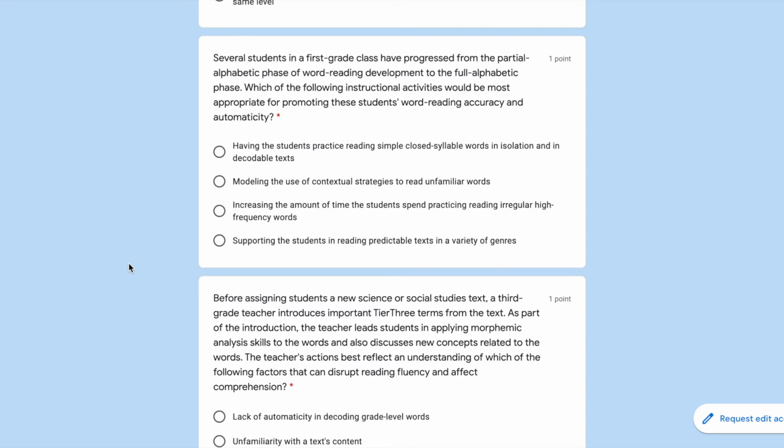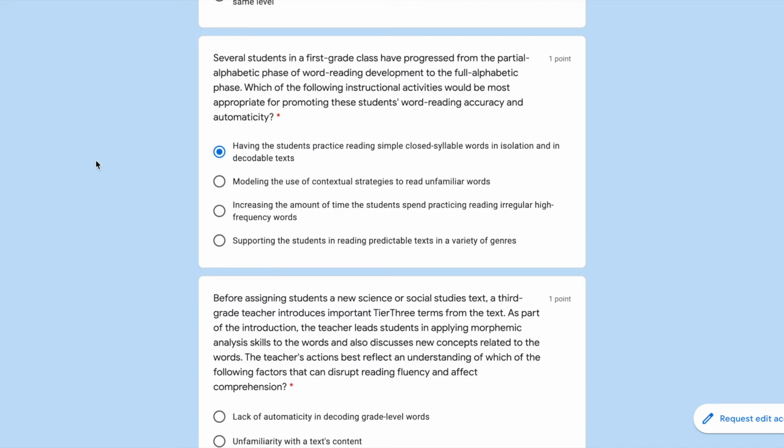B, modeling the use of contextual strategies to read unfamiliar words? C, increasing the amount of time the students spend practicing reading regular, high-frequency words? Or is it D, supporting the students in reading predictable texts in a variety of genres? Take a moment, select the answer that you think is best.